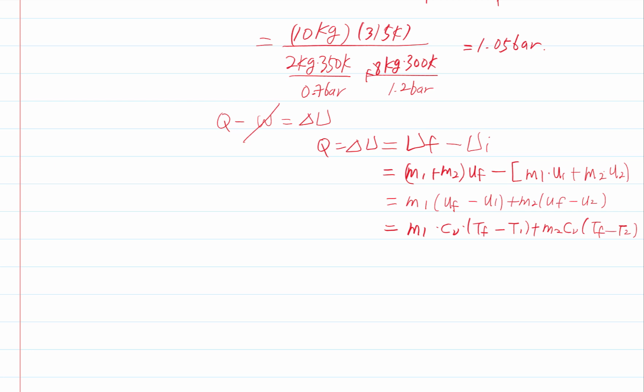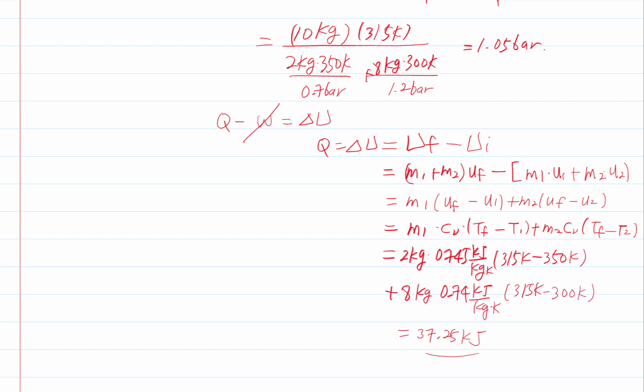We plug in the properties and the values. So we got a positive 37.25 kilojoules, which means heat is supplied to the system.